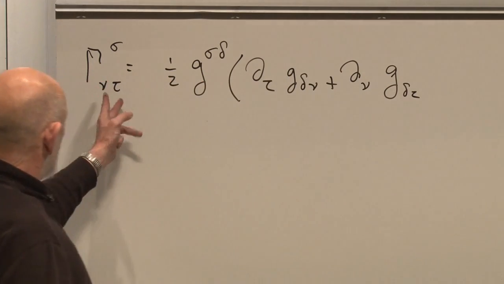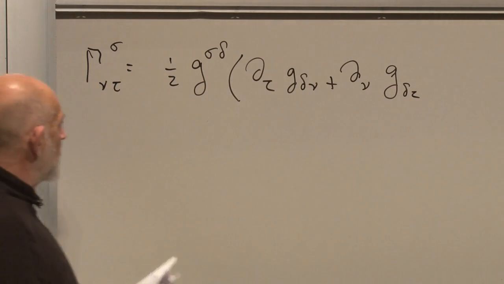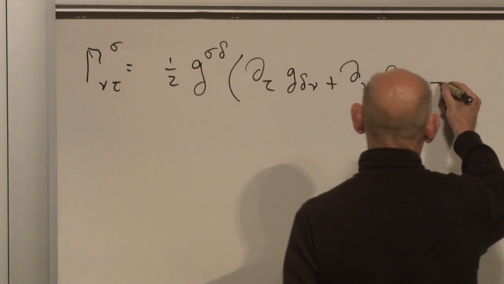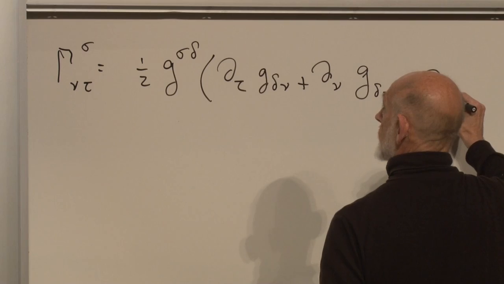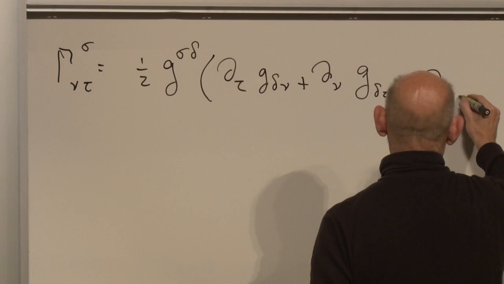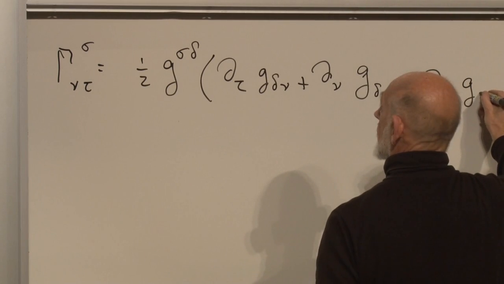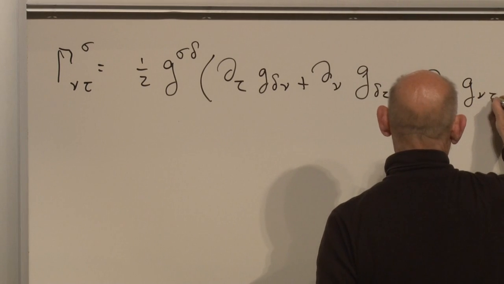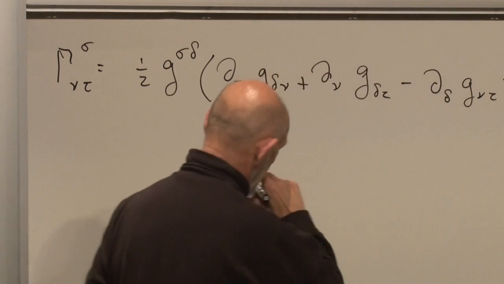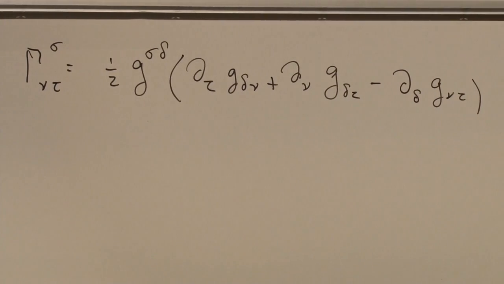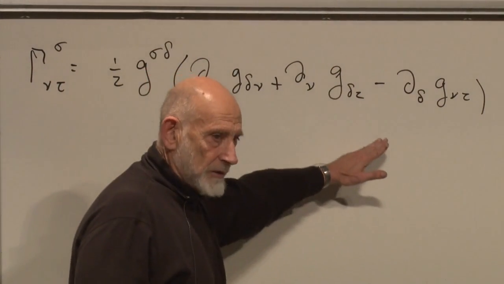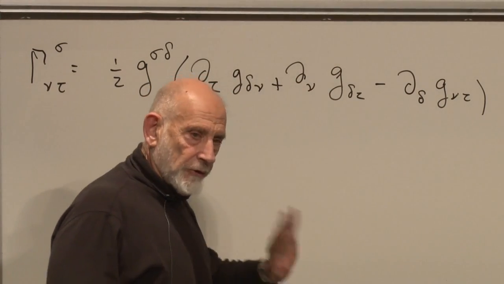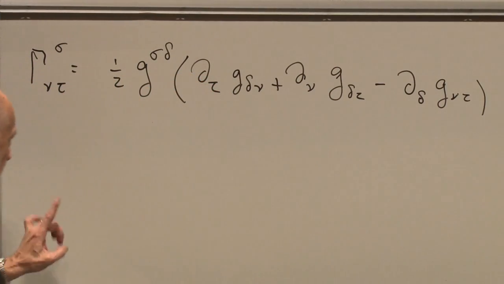The first two terms are gotten by interchanging tau and nu, and then the last one is minus derivative with respect to delta, I believe, of g nu tau. Now, the only important thing right now is this involves the derivative of a g. It involves the first derivative of a g, one derivative.